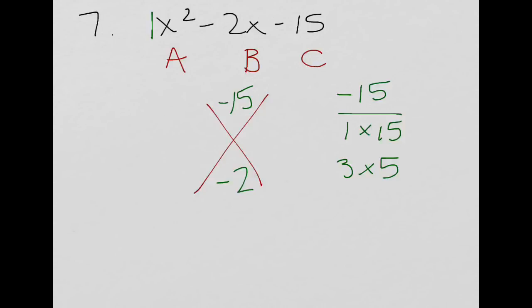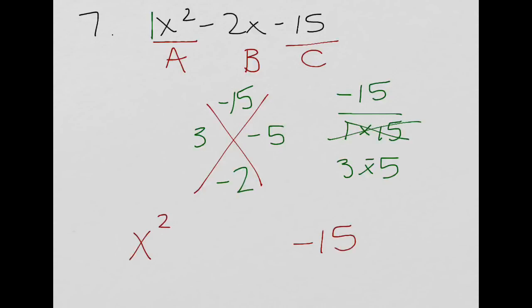Well, there's no way to get a negative 2 out of 1 and 15. But there is out of 3 and 5. And if I want it to be negative 2, then my 5 would have to be negative, because 3 plus negative 5 is negative 2. So my numbers are 3 and negative 5. So then when I go to write my answer, my x squared and my negative 15 stay the same.